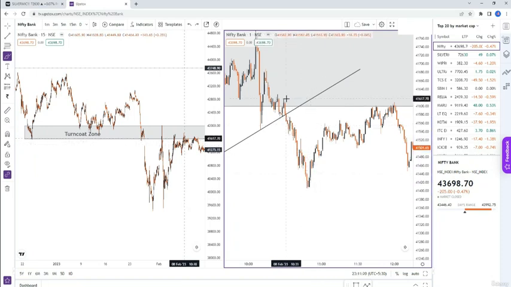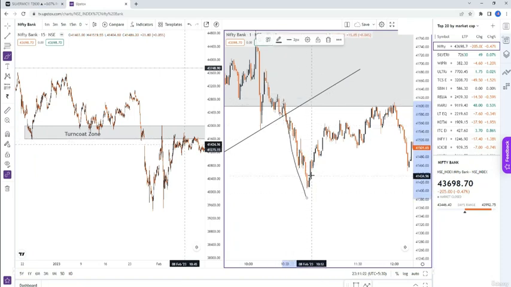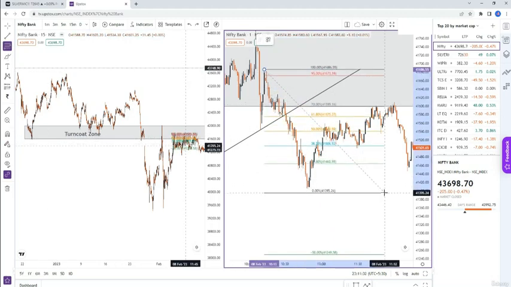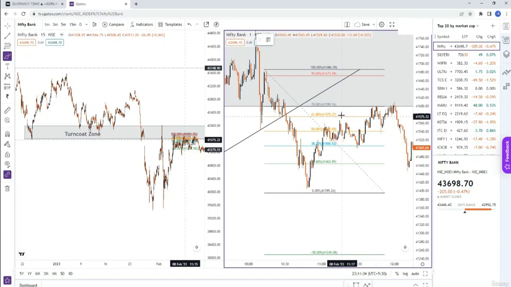Okay, so if we draw Fibonacci from here to here, it doesn't make any sense. If we draw from here to here, then this Fibonacci area will come like this, to this same area where you are already getting the entry based on setup 2.